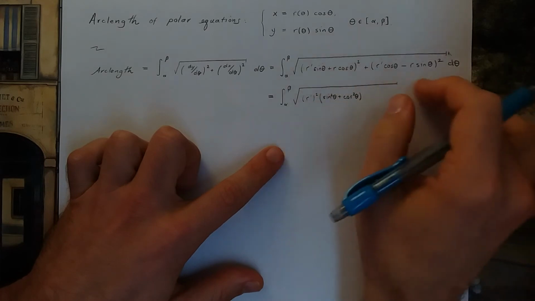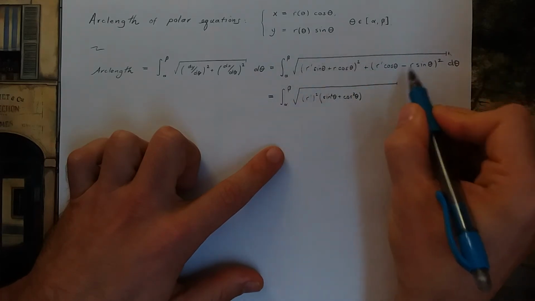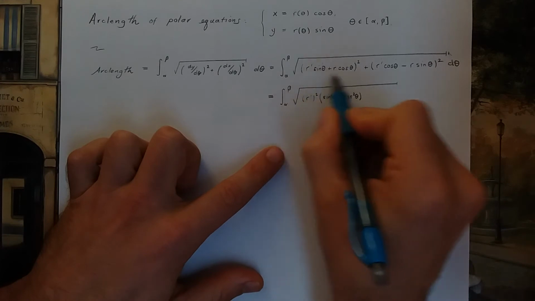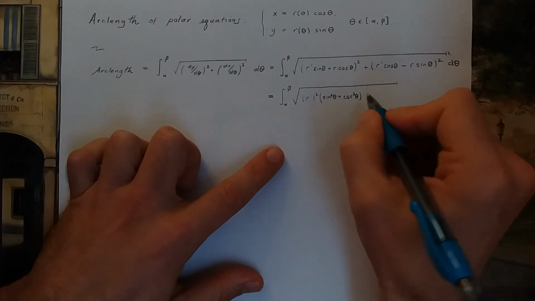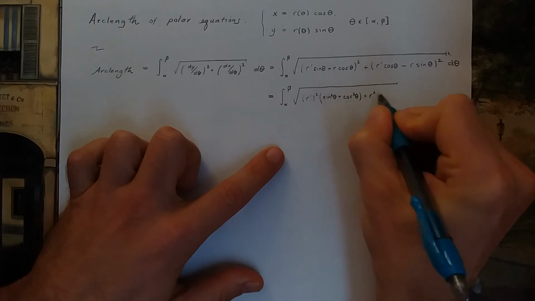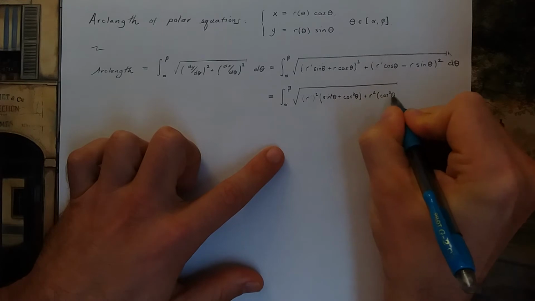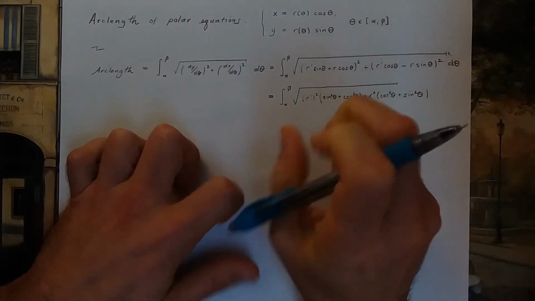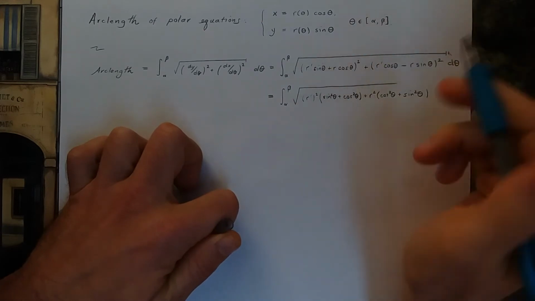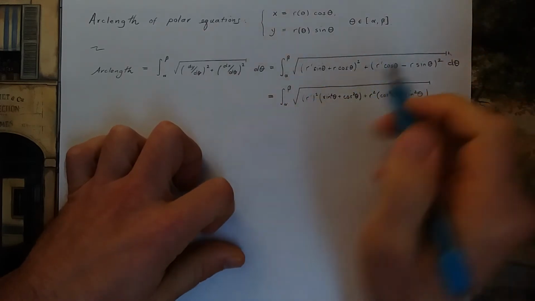Now, the cross terms actually cancel. Because I have a plus here and a minus here, the cross terms in the first parentheses cancel with those in the second. And you're only left with r prime squared times cosine squared theta plus sine squared theta. If you're not comfortable with this little leap in algebra, expand things out yourself, simplify.